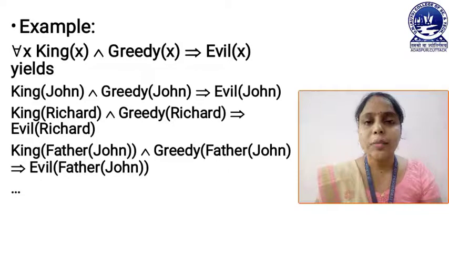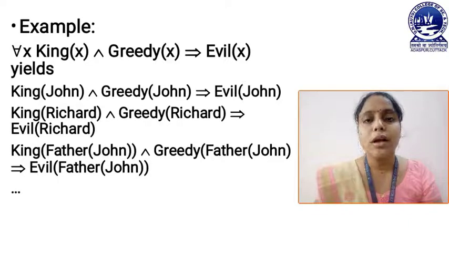In this example, for all x, King(x) and Greedy(x) implies Evil(x). That means x is a variable and this sentence is represented using the variable x. Now from this sentence we can infer or derive a new sentence by replacing the variable x by some ground term.